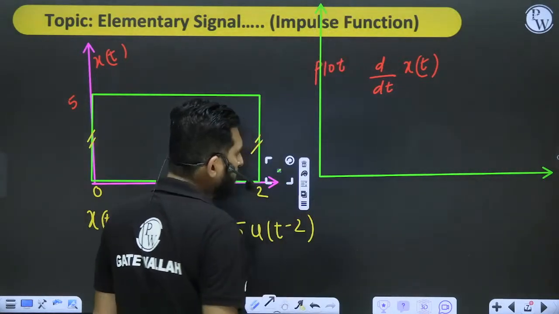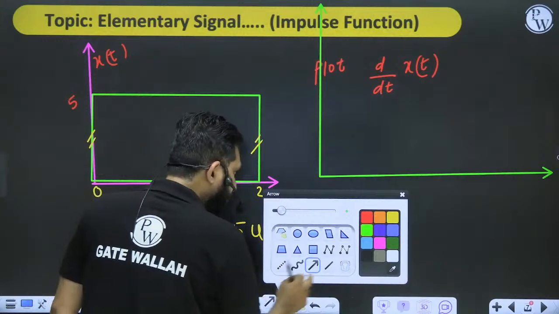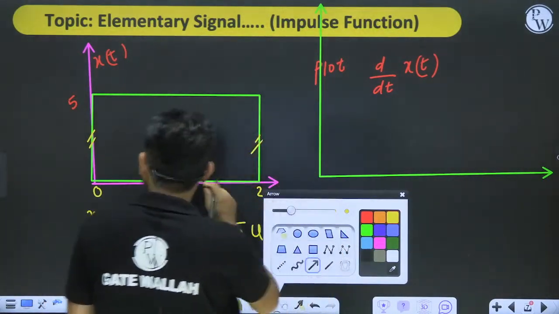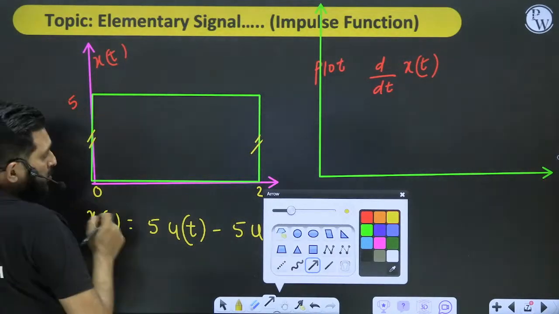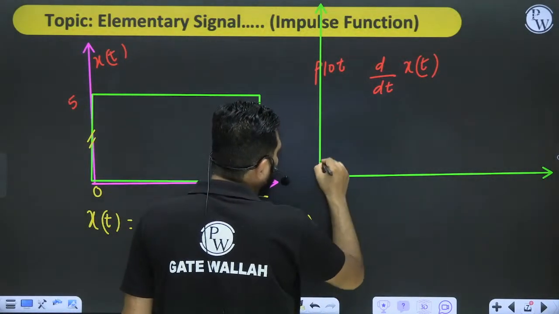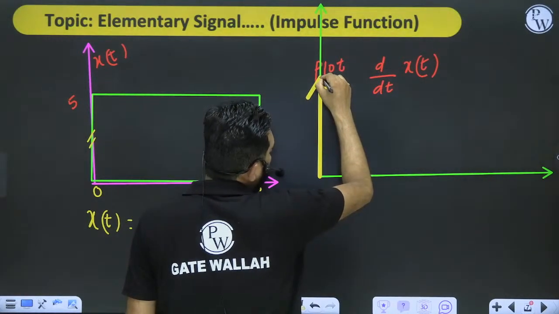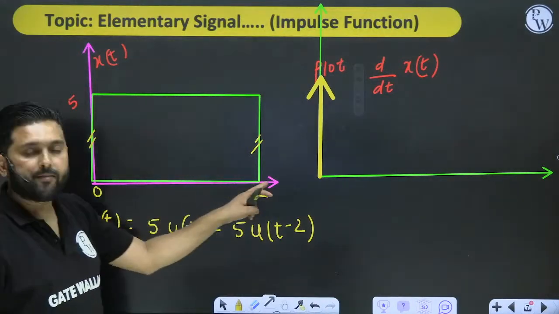First we have a derivative at 0 with a height of 5, upper value minus lower value. So this is having a height of 5 like this. There is one derivative at t equal to 0, and another derivative at t equal to 2.